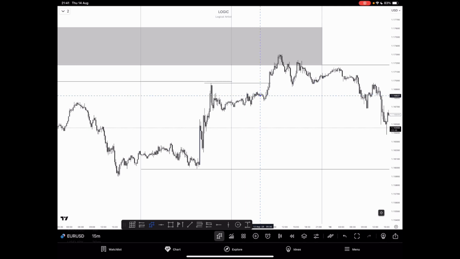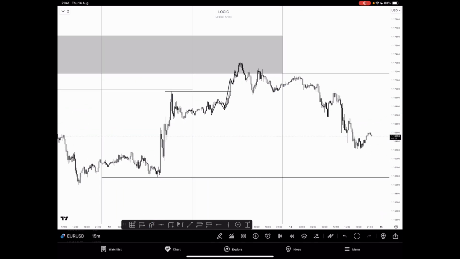So we have this low, high, low, high, low, high, low, high. So what do we want to see? The same illustration I did the other time: internal structure approaching the point of interest.